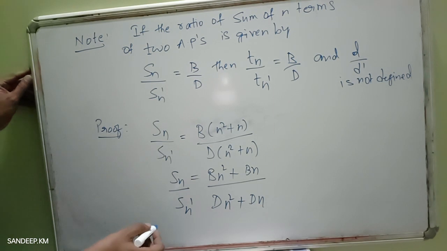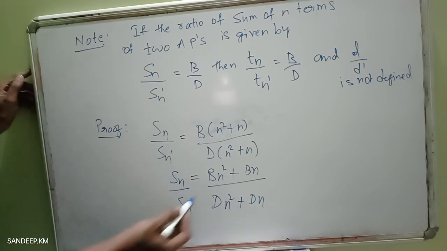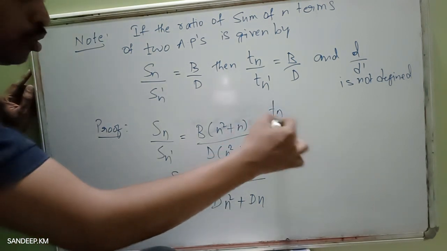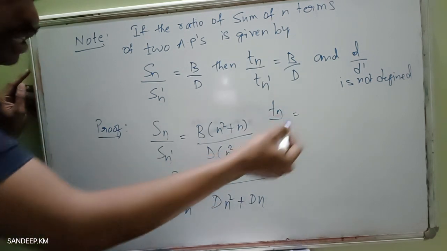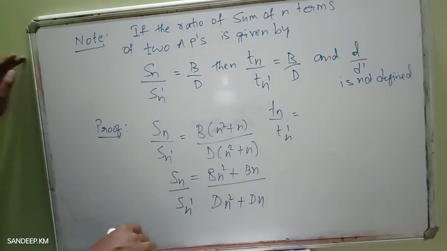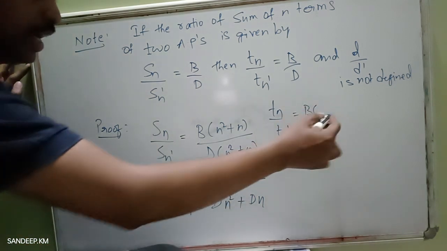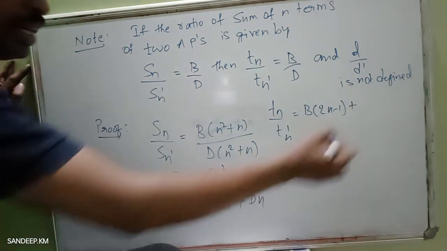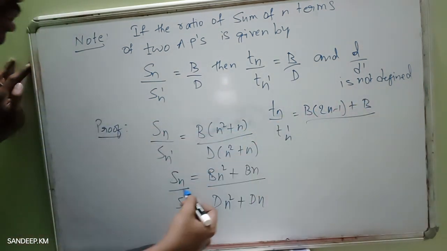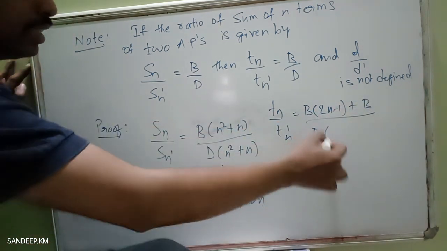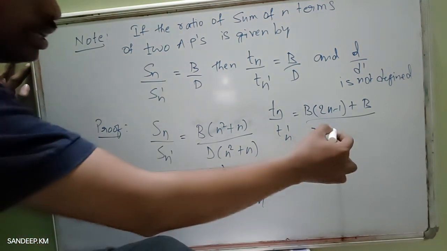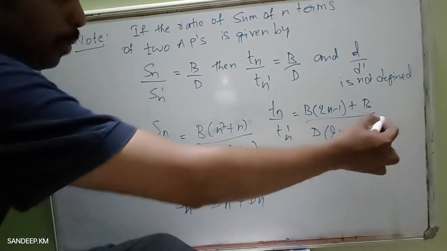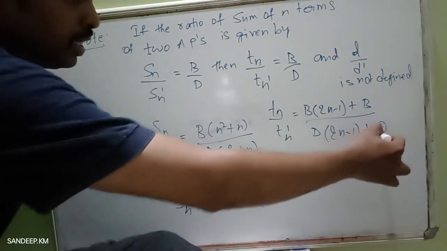Now we already know that if the ratio of sum of n terms looks like this, then the ratio of nth terms is given by what? B as it is, and n square is replaced with 2n minus 1 and bn is replaced with b. Similarly, d as it is, n square is replaced with 2n minus 1 plus dn is replaced with d.